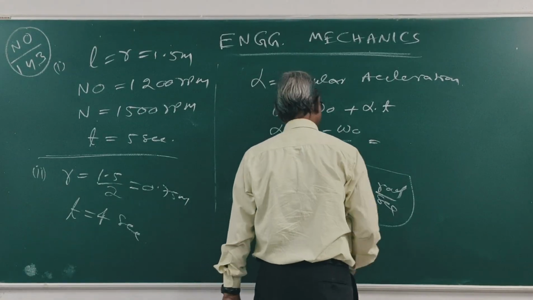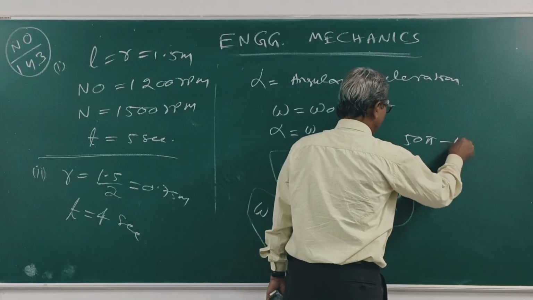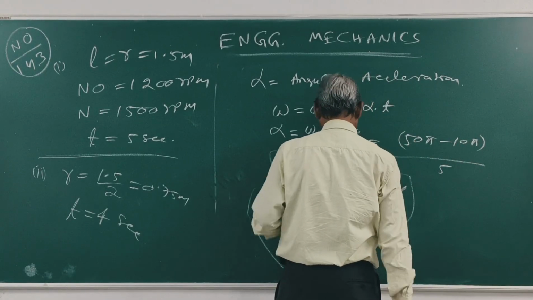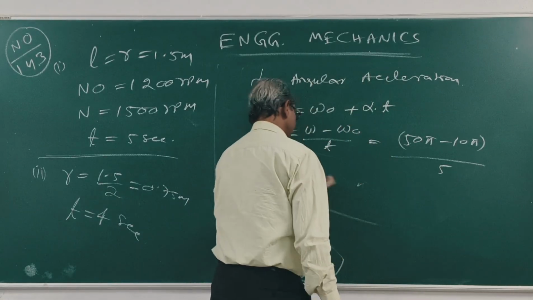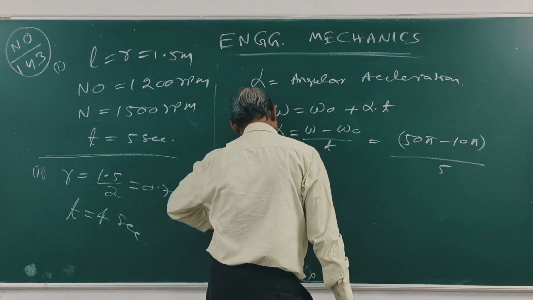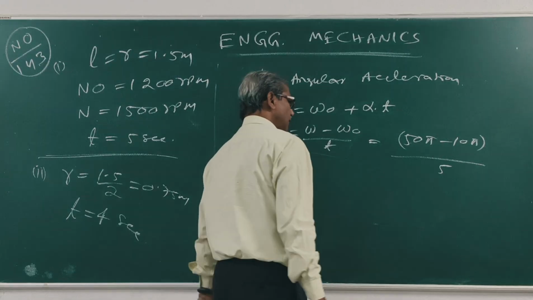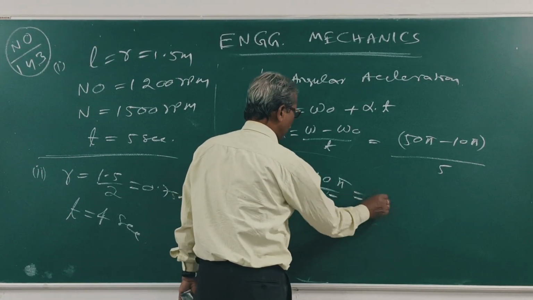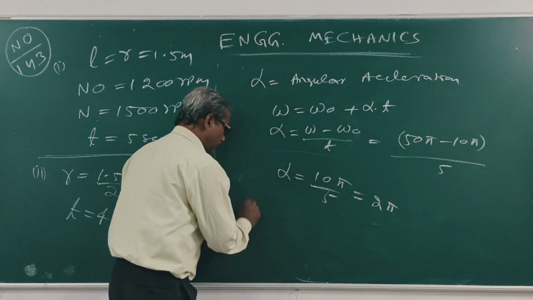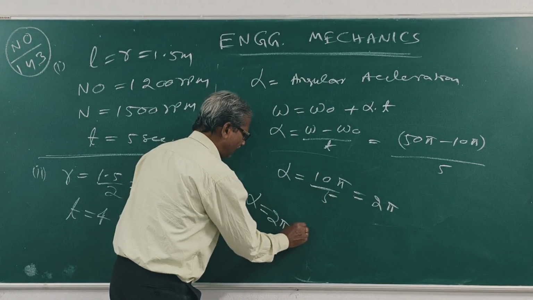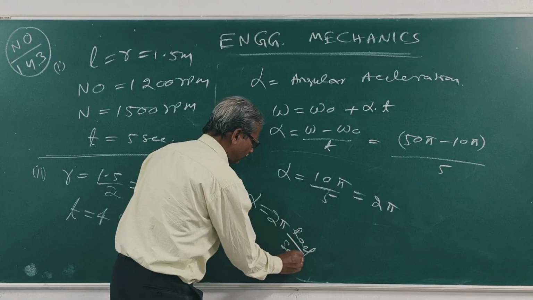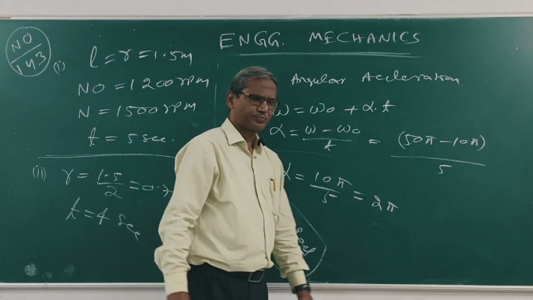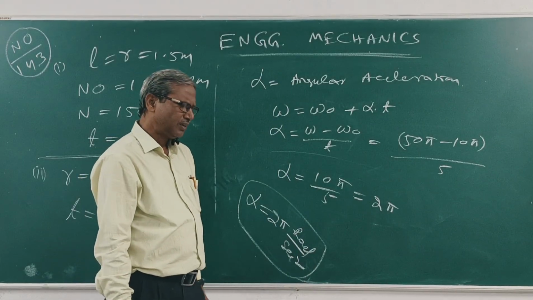Omega is 50 pi minus 40 pi, t is 5 seconds. So alpha is equal to 10 pi by 5, that is 2 pi. So alpha is equal to 2 pi radian per second square.